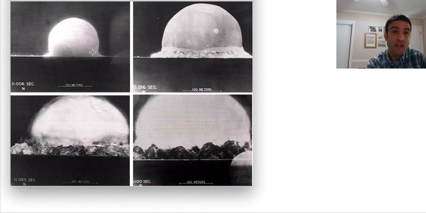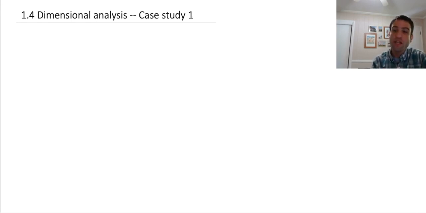And then what we're seeing is this explosion, this blast wave, or this shock wave propagating outward. From these photographs we can see an explosion, a blast radius that gets bigger over time. And that's the information that we're going to start with to figure out how powerful was the explosion that caused this blast? Okay, how do we do this?